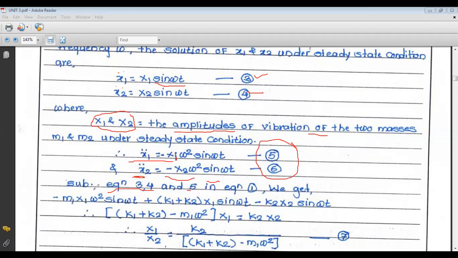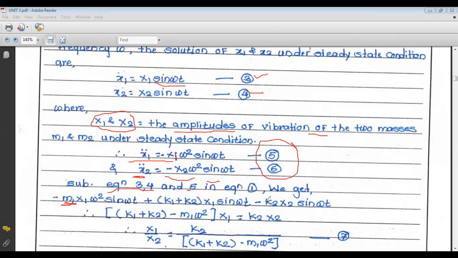Now what is your equation number 1? It is m1 x1 double dot. Now what is the value of x1 double dot? It is minus capital X1 omega square sine of omega t. So minus m1 X1 omega square sine of omega t. Plus there is (k1 plus k2) into small x1, and small x1 is capital X1 sine of omega t.